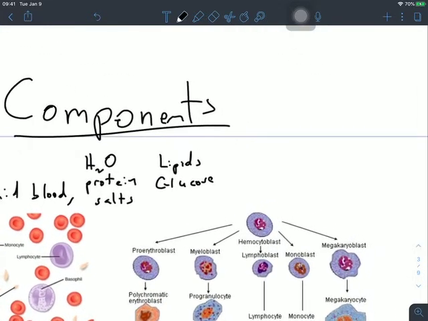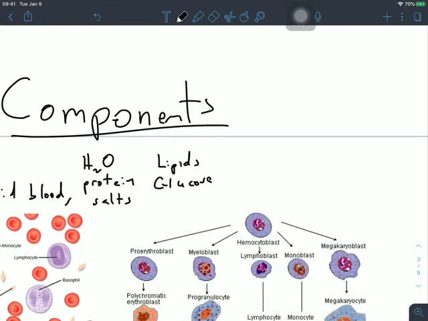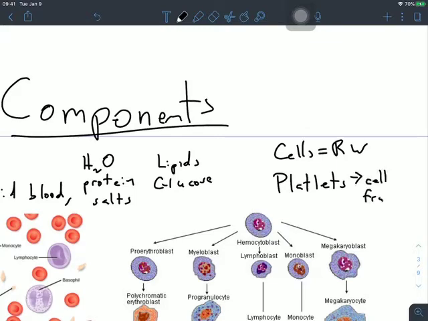Your blood is also made up of cells, both red and white blood cells. More on those in a second. And then last but not least, platelets. These are cell fragments that help with clotting.